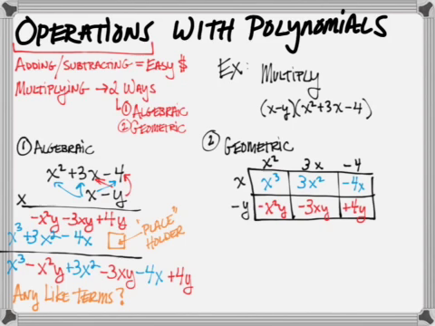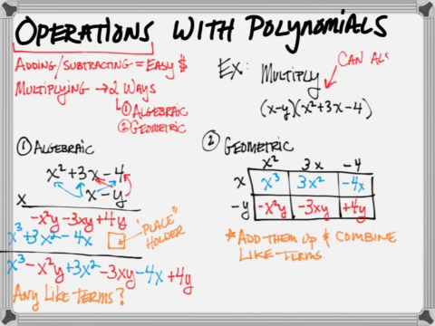But if you want to do it the other way, or if you want to distribute through, you're welcome to do that. So we add them up and combine any like terms. In this case, we don't have any like terms. And if you want to distribute, go ahead, but it's going to get complicated as well. All right, questions on that?